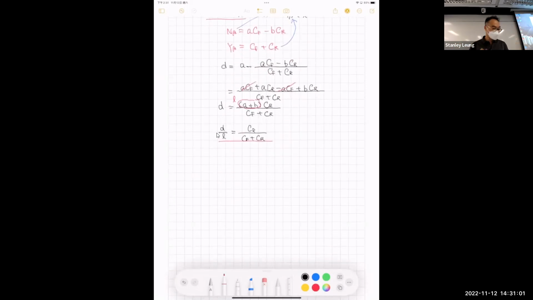Anyway, to continue, we still have a lot of math. Then I try to introduce another concept: static margin.